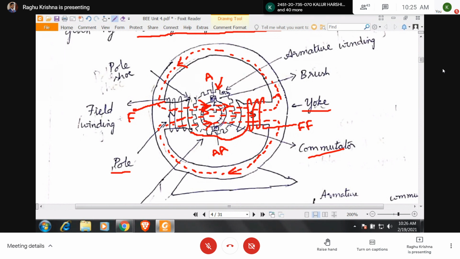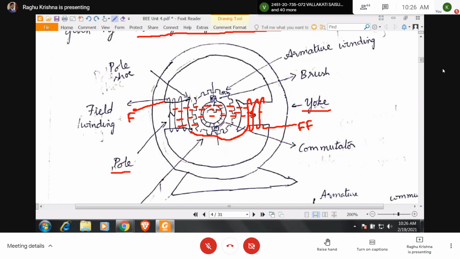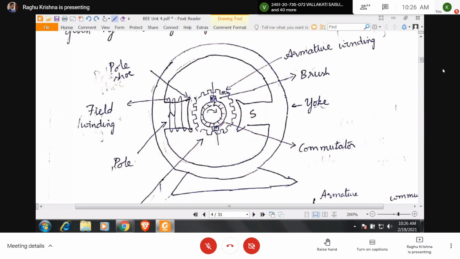So see here, first the armature is rotated.